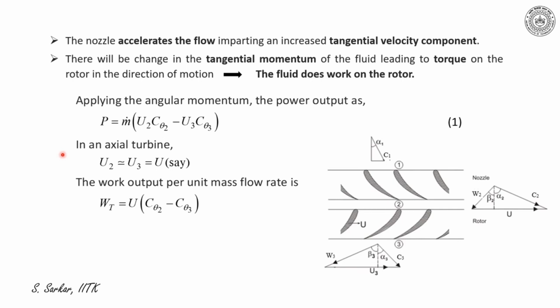So if we consider u2 approximately equal to u3, designated as u, the work output per unit mass flow rate is given by Wt is equal to u into c theta 2 minus c theta 3.